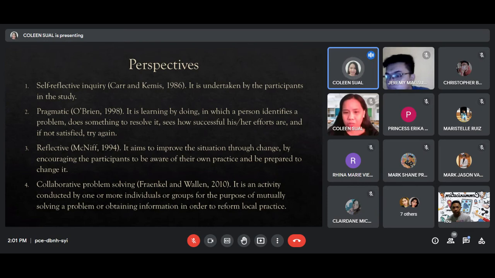Collaborative problem solving. This is conducted by one or more individuals or groups. I have explained that an individual action research is still a collaborative work because this involves the responses of the target respondents.